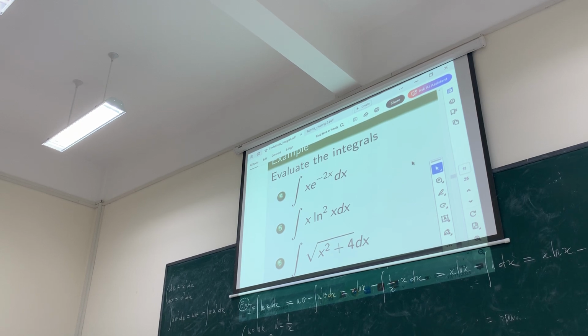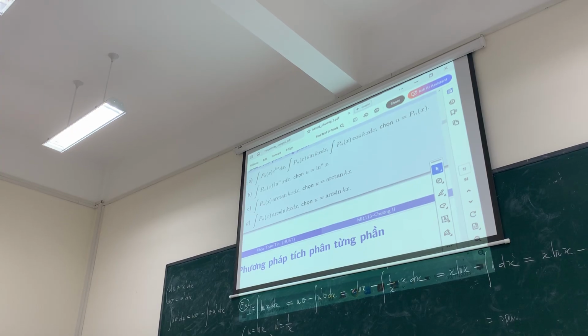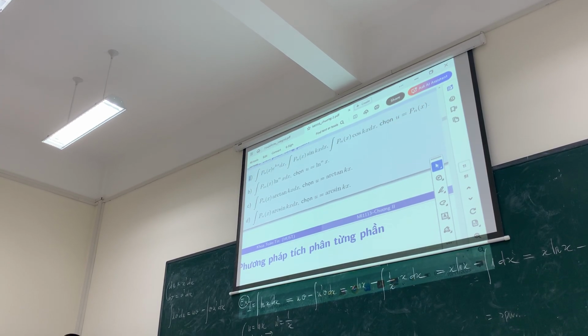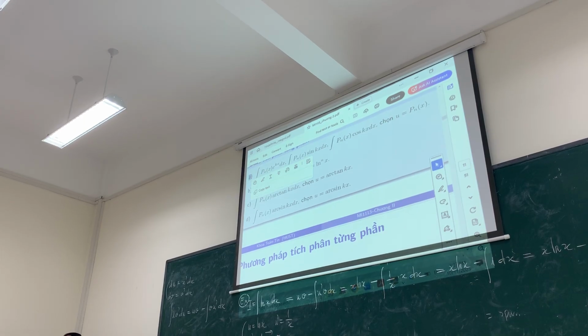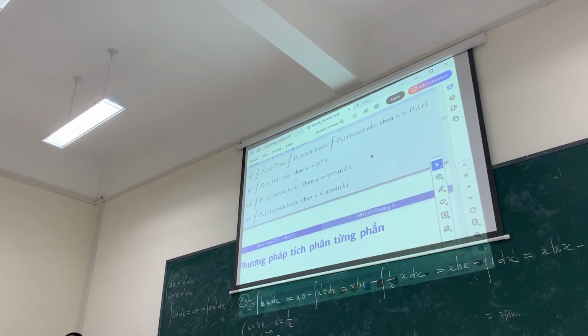The integral in this example belongs to this form. You can see it belongs to this table here. You can choose u and v of Gaussian.